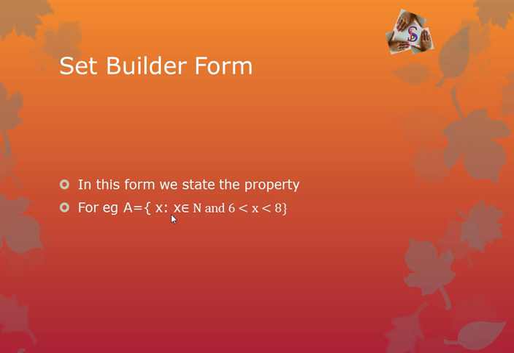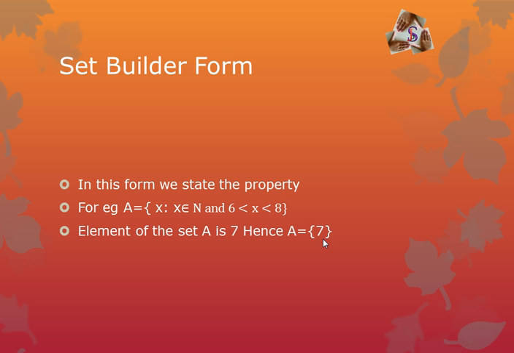x such that x belongs to natural numbers and x ranges between 6 to 8. So the element of set A will be 7. Therefore, set A is only having a single element.